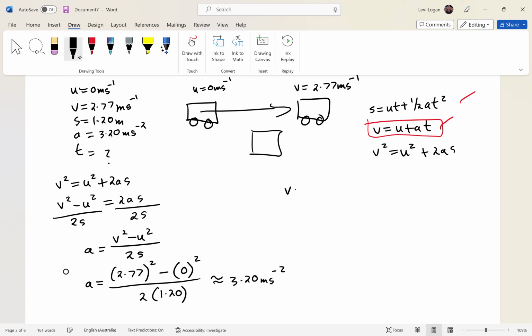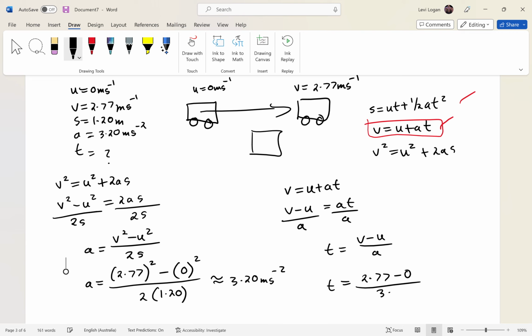So v equals u plus at, so v minus u equals at, divided by a. Therefore t equals v minus u all over a. So t equals 2.77 minus 0 divided by 3.2. Plugging that into our calculator, you should approximately get 0.87 seconds. Okay.